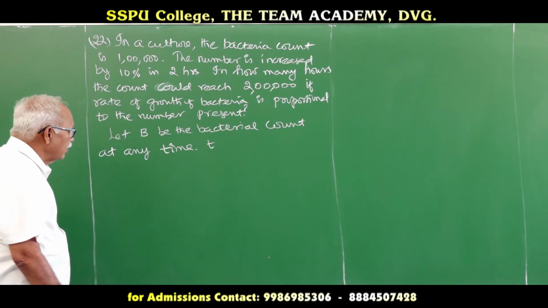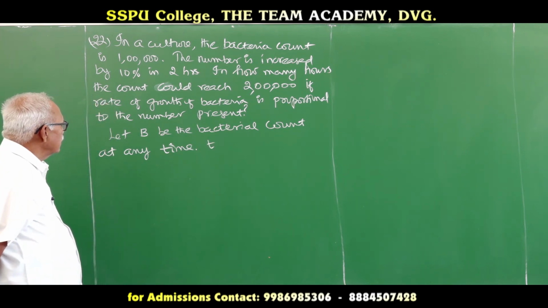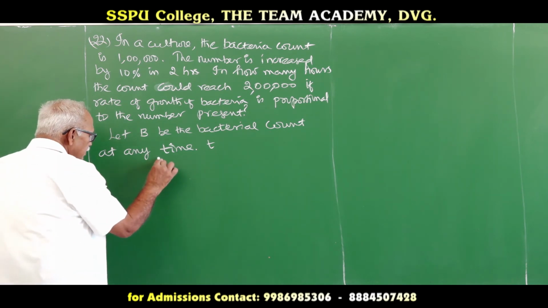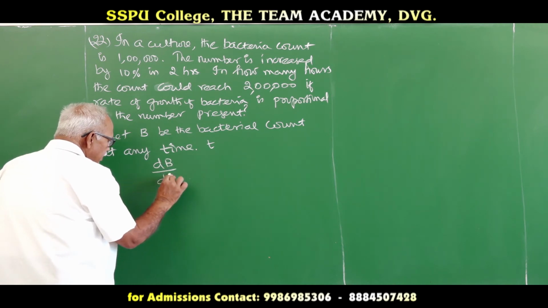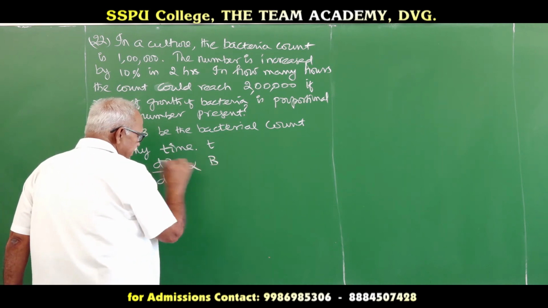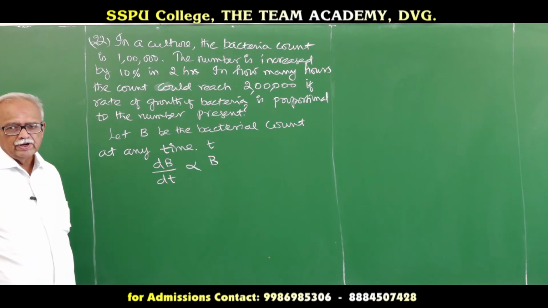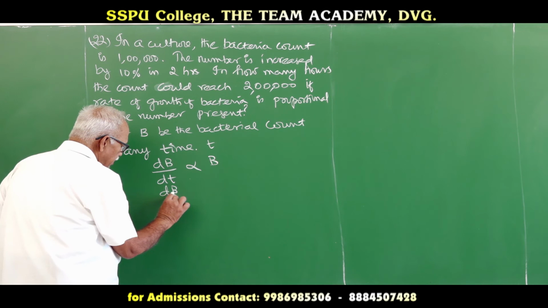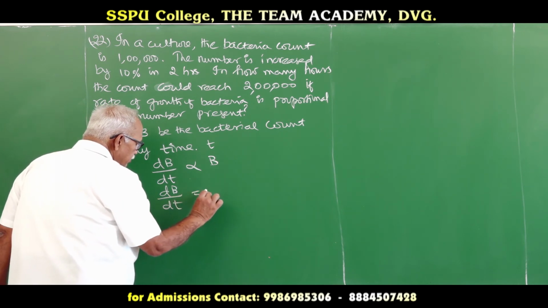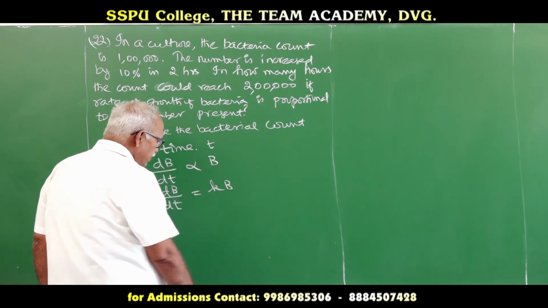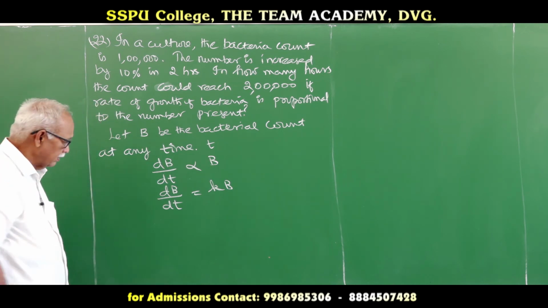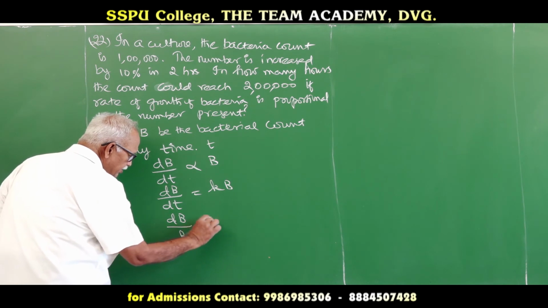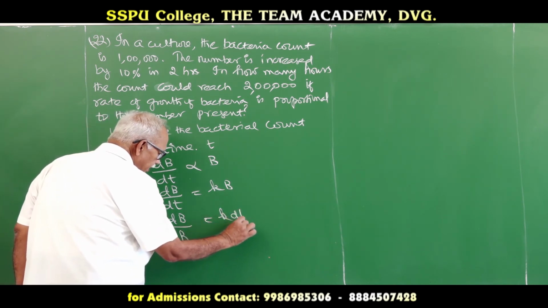Okay. Now the rate of change of growth of bacteria is proportional to the number present. That is, what is given is dB by dt is proportional to B. So let me take a proportionality constant for this, then we get the differential equation: dB by dt is equal to K into B. Now separating the variables, dB by B is equal to K into dt.